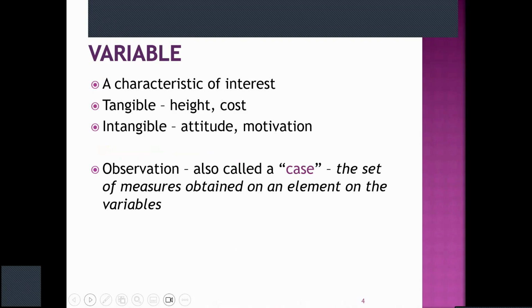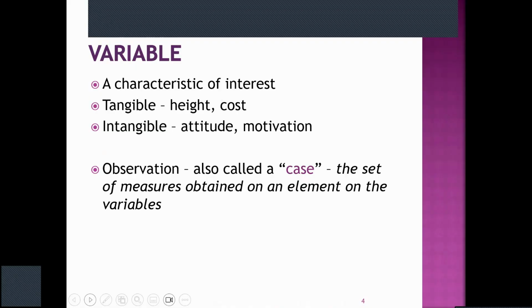A variable is a characteristic of interest about these entities, and it could be something tangible like height or the cost of something, or it could be something intangible like an attitude or a motivation. An observation, which is again also called a case, is the set of measures obtained on one element.